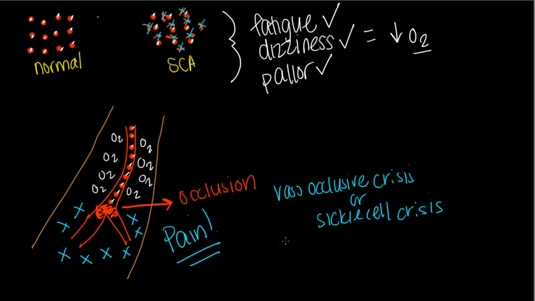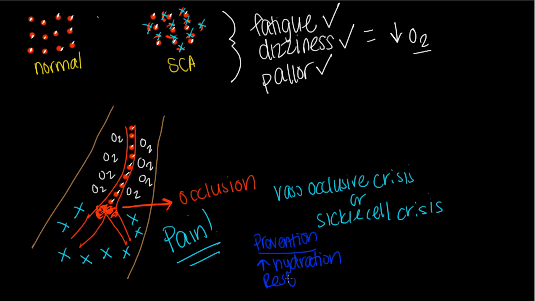So, how can we prevent this? Are there ways that we can do some kind of prevention? Well, there's a couple. Increase hydration. We know that when we are adequately hydrated, our blood flows smoother and a little bit faster. When we're dehydrated, blood flow tends to slow down, and that's going to lead to increased sickling.